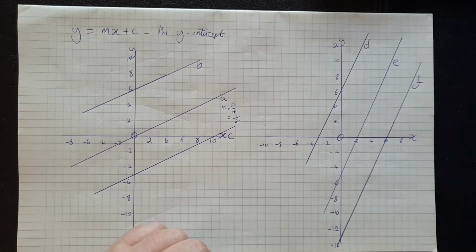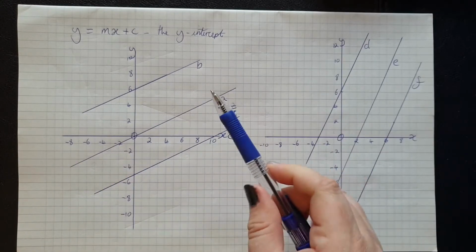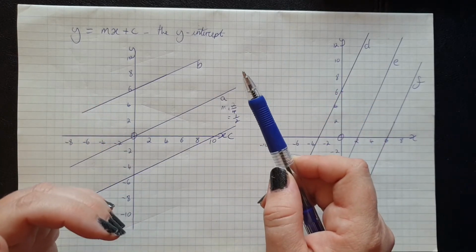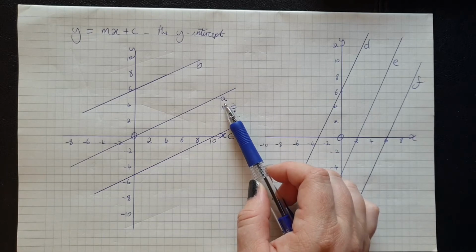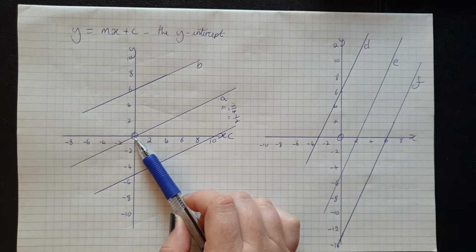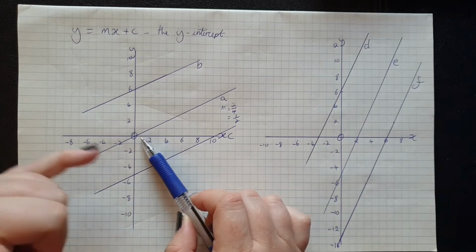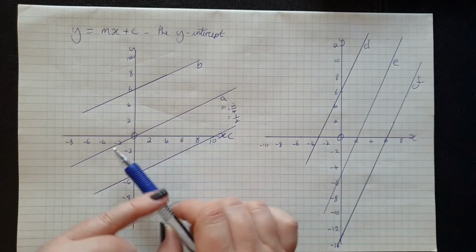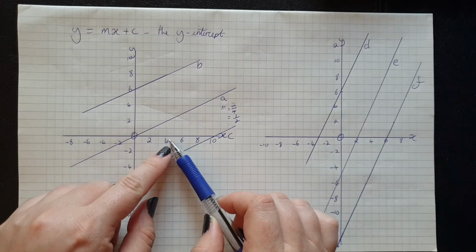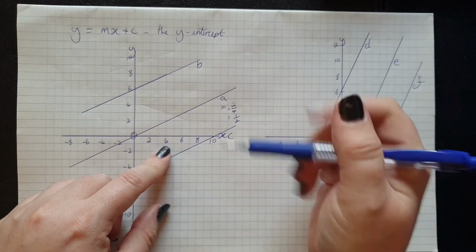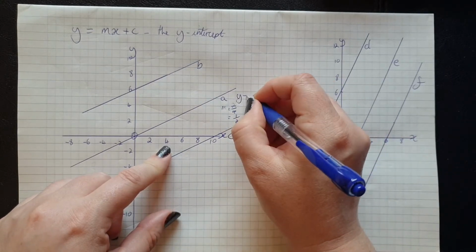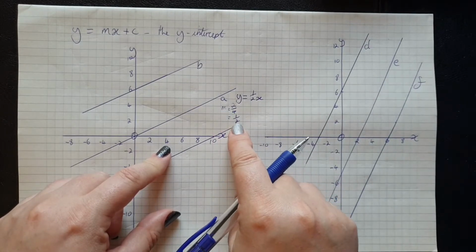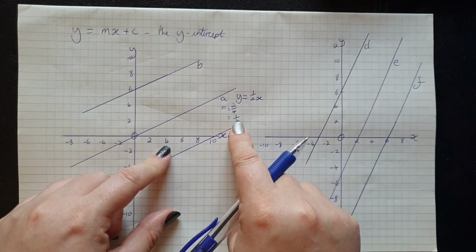Lovely, nice and easy. Now, when we're looking at this, we need to find out how far up or down this graph has moved. In fact, A goes through the origin, it goes through 0, so from the original y equals half x, it isn't moving. Let's write this down so you can see: y equals half x, where m, the multiplier, is a half because we've calculated the gradient.